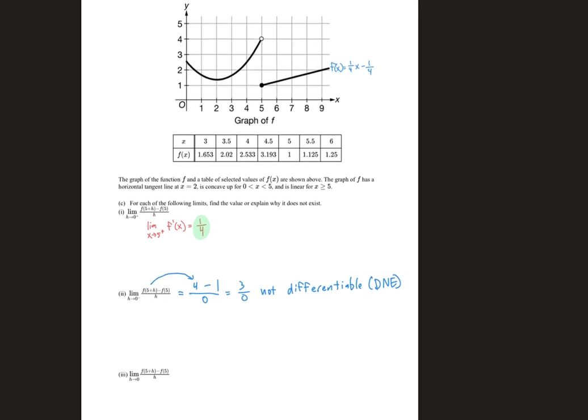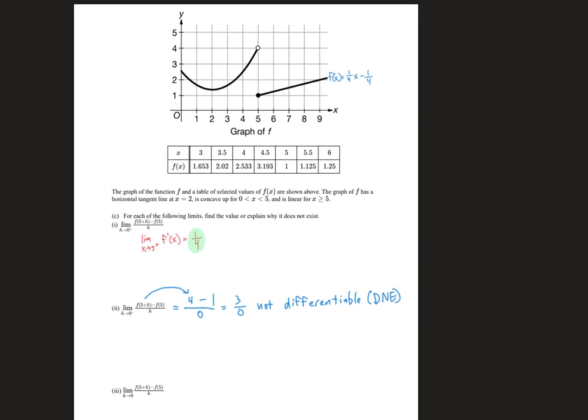Okay, last one. If these limits don't match, or if from either side the limit doesn't exist, like in this case, then the overall limit won't exist.